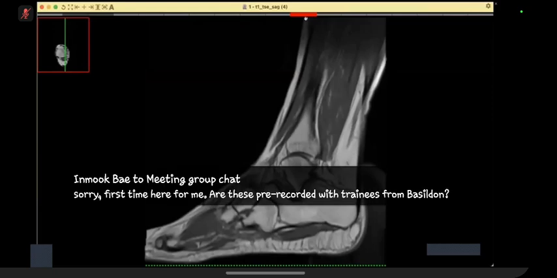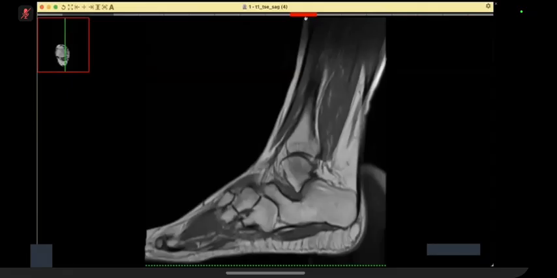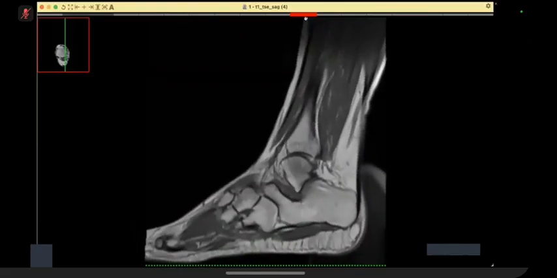There can be many types, but the most important are, 90% of them are either talonavicular or talocalcaneal. 45% each. So 90% of these are out of 100. The rest are very rare. So if they show you, they will show you either of these.